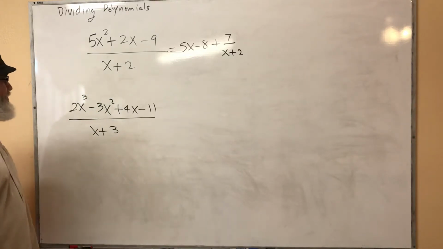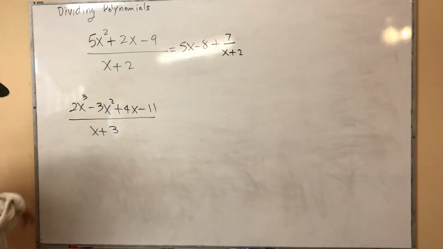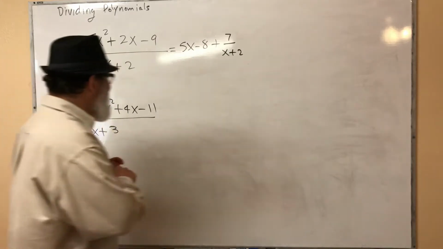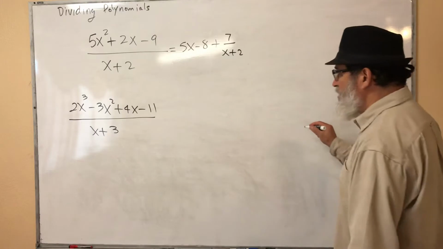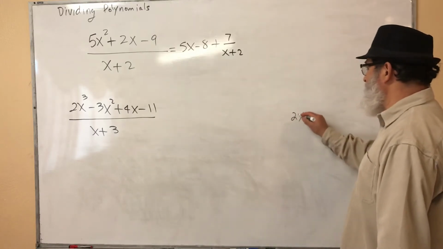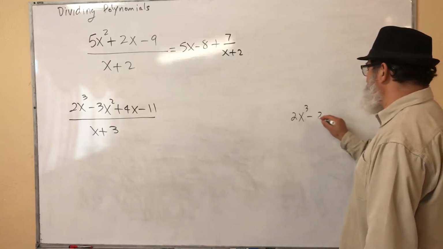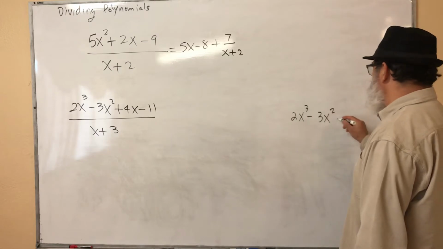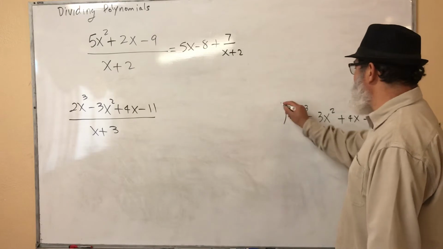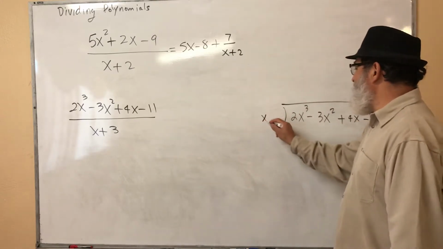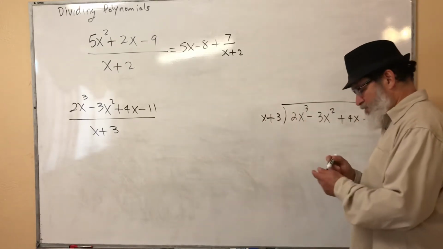First step is approximate. This is my numerator: 2x cubed minus 3x squared plus 4x minus 11 divided by x plus 3.